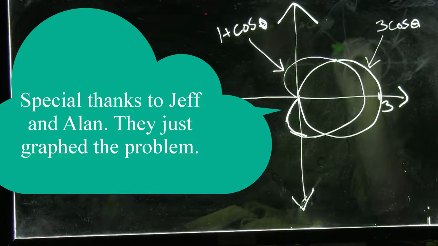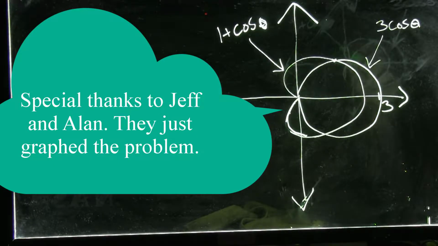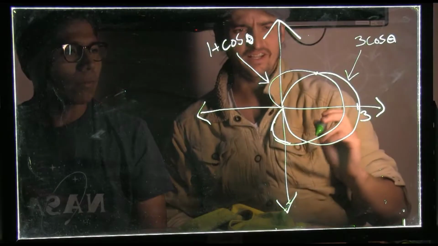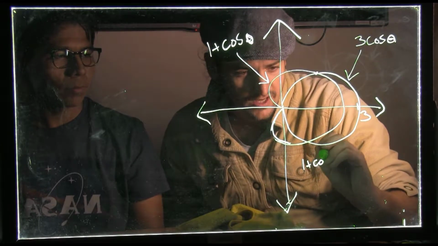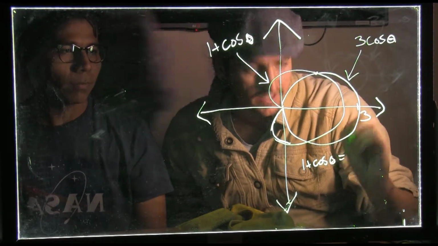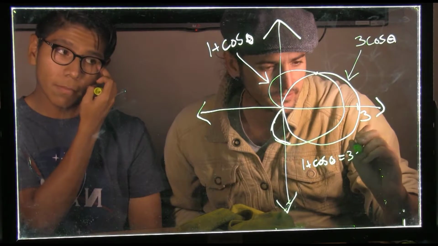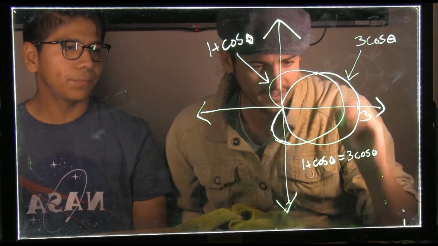We have 3 cosine of theta, which is our circle, and then we have our cardioid, which is 1 plus cosine of theta. So we're going to set 1 plus cosine of theta equal to 3 cosine of theta.